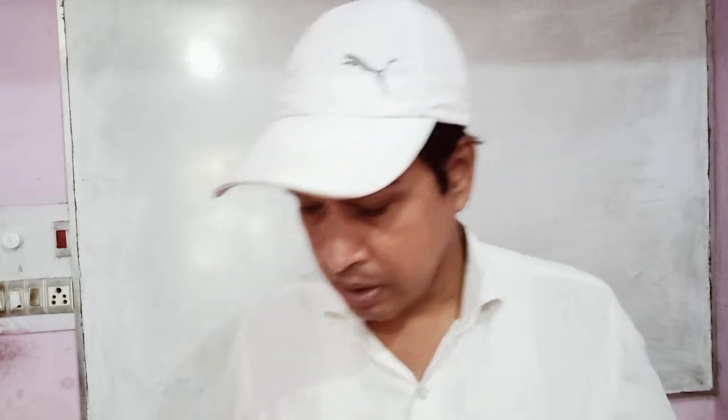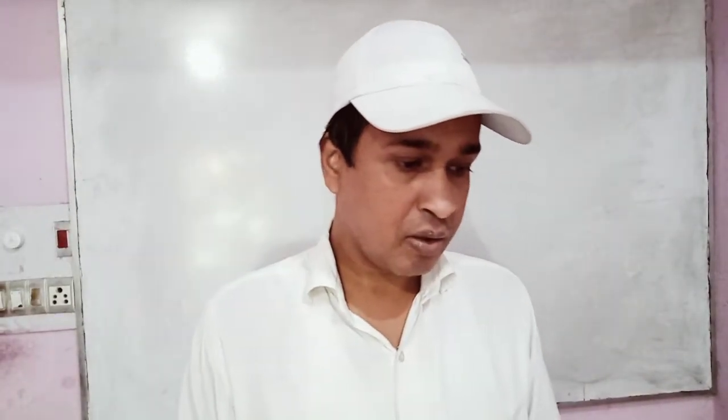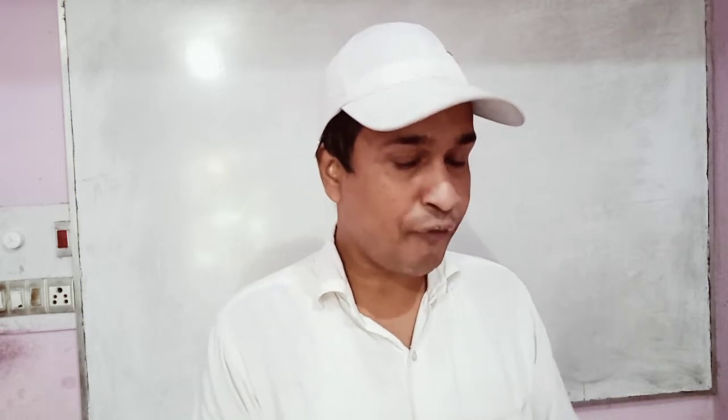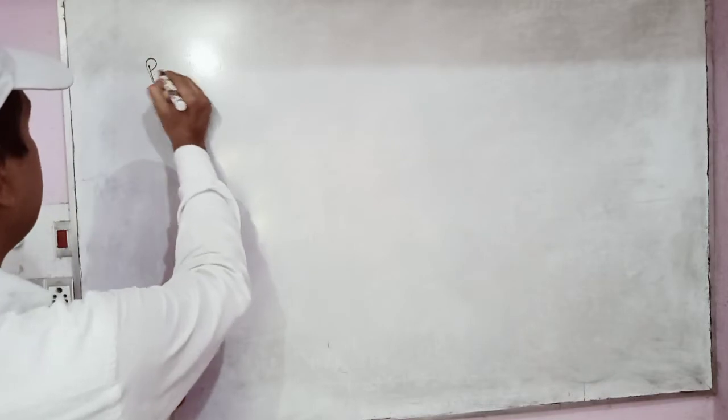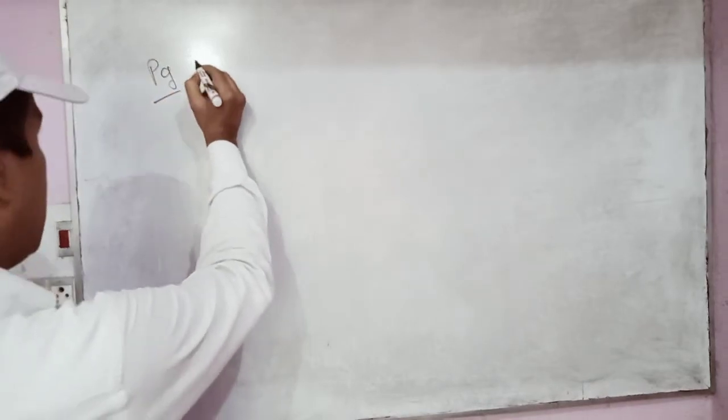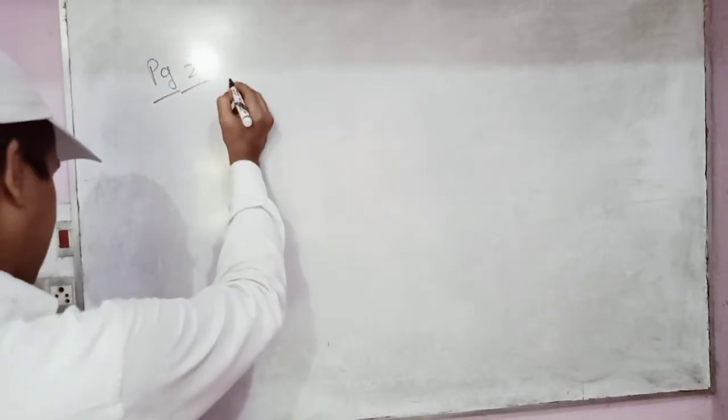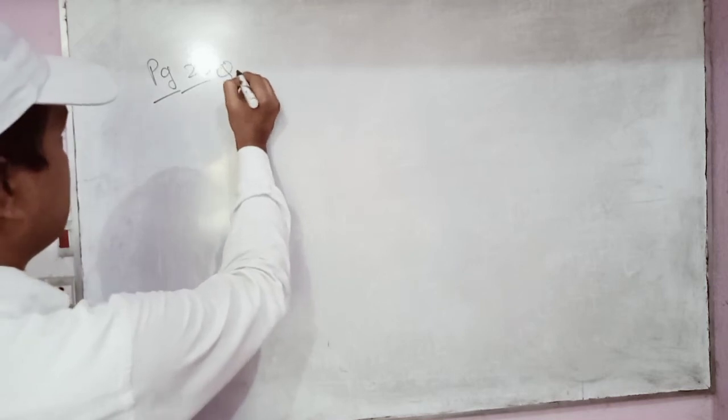In today's video, we are going to solve some problems on dot product and cross product of two vectors from H C Verma book. The first question is from chapter 2 of H C Verma, page number 29, and the question number is 14.